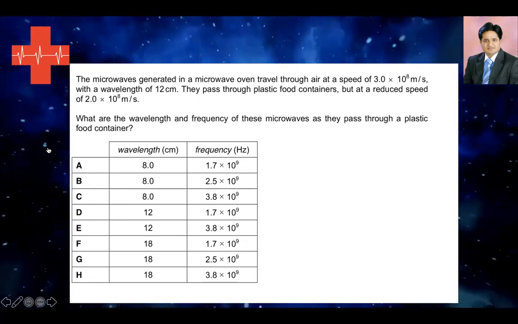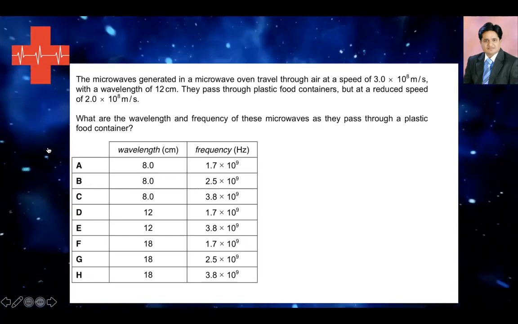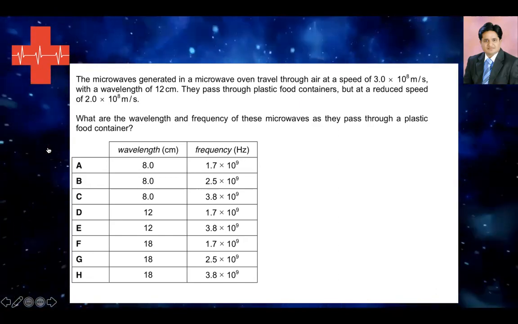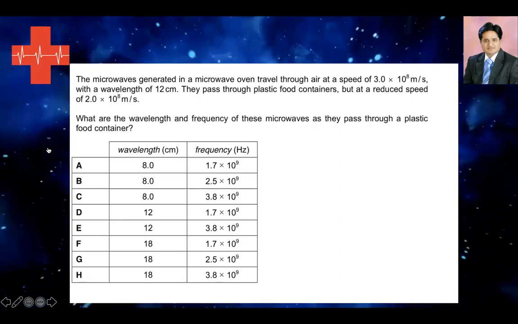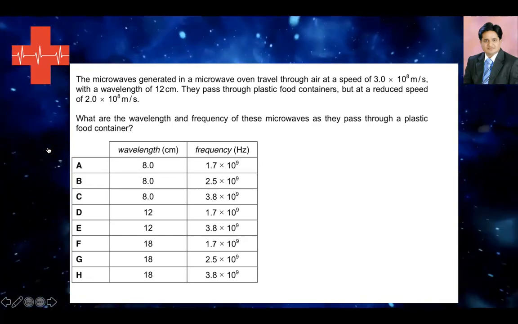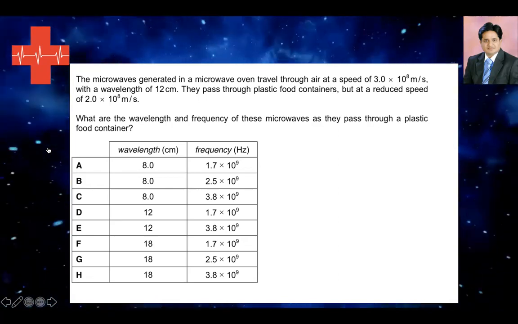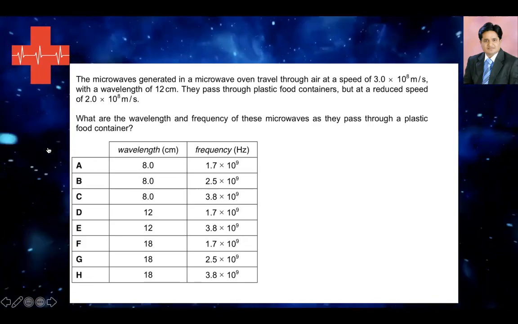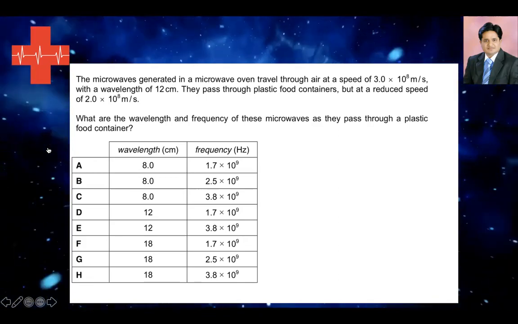So they pass through plastic food containers, but at a reduced speed of 2 times 10 raised to the power 8 meters per second. So they're asking you, what is the wavelength and frequency of these microwaves as they pass through a plastic food container?